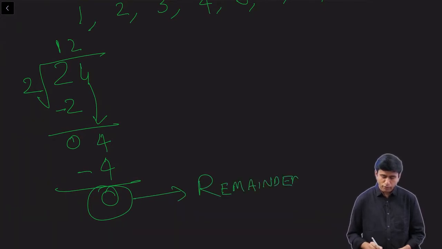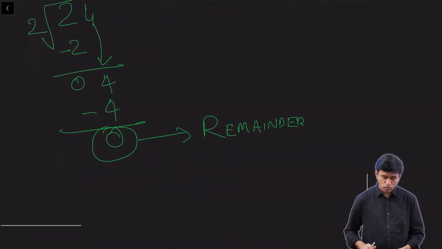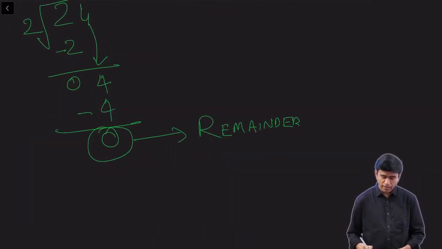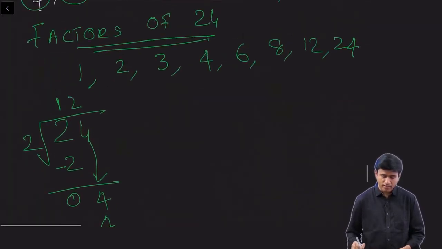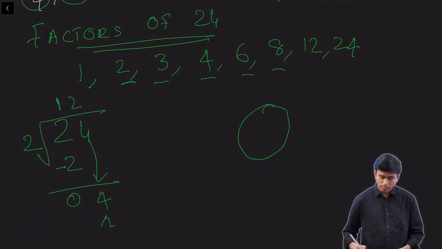So when 24 is divided by 2 or 3 or 4 or 6 or 8, the remainder is always 0. That's why we can say that 1, 2, 3, 4, 6, 8, 12, and 24 are factors of 24. The remainder has to be 0.